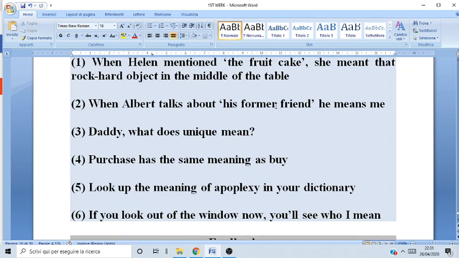Okay, reference. For number 3 and number 4, the word mean is referring to sense. And the same thing is for number 5. So 3, 4, and 5, sense. And then number 6, if you look out of the window now, you'll see who I mean. It is using the word mean for reference.